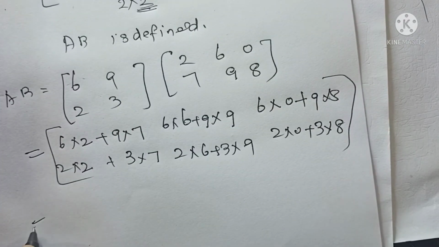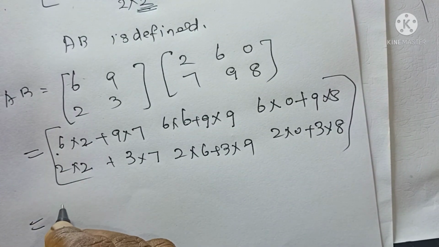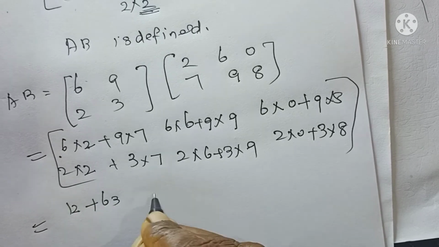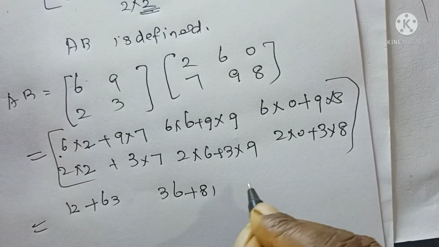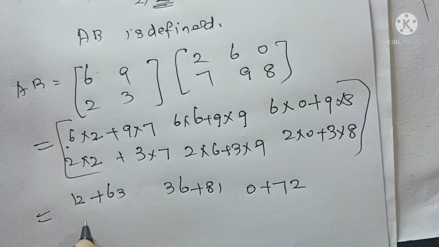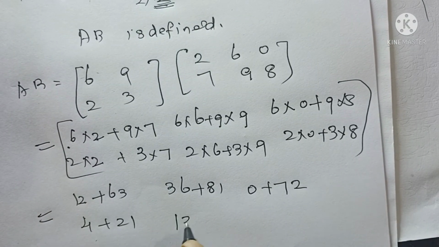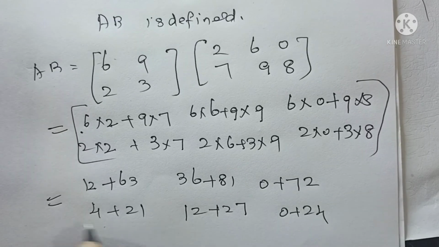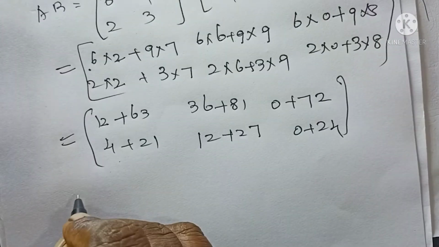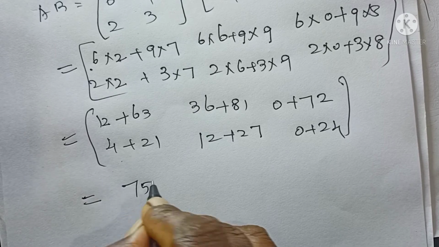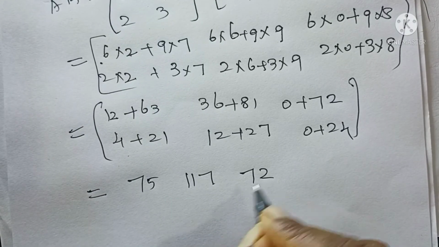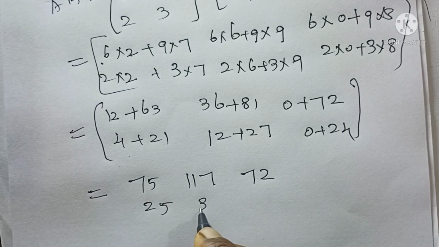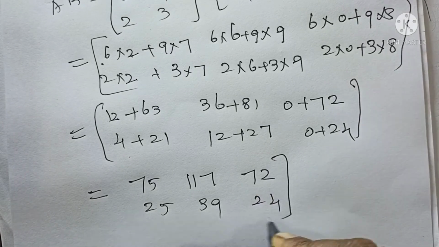Then we have to simplify it. 6 into 2 is 12 plus 63, here 36 plus 81, here 0 plus 72, here 4 plus 21, here 12 plus 27, here 0 plus 24. So which is equal to 75, 117, 72, 25, 39, 24. So this is the answer.